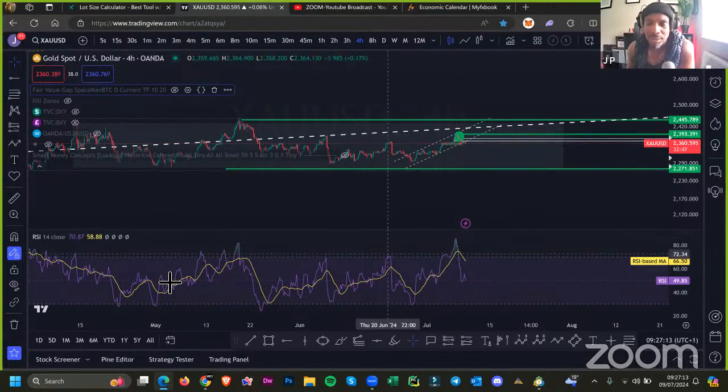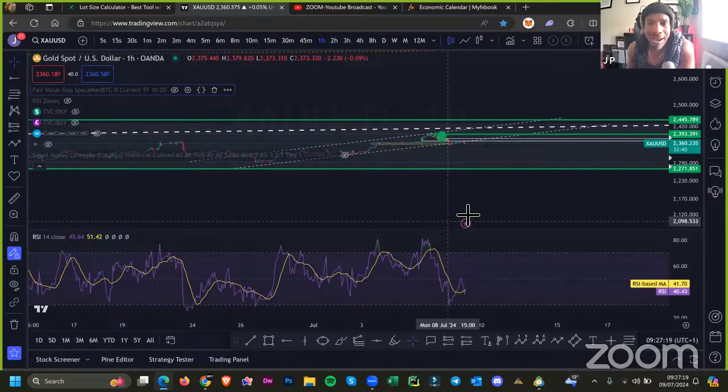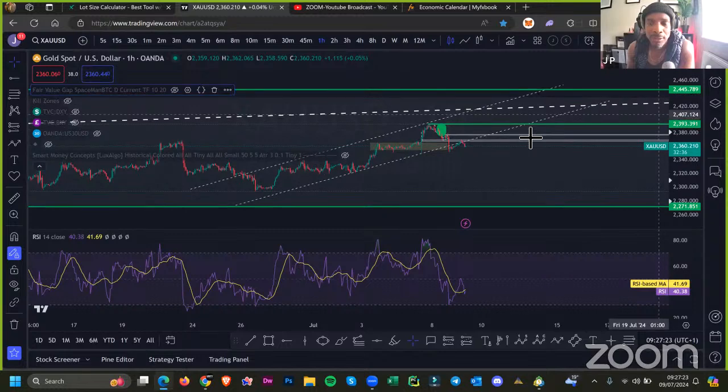Let me change this time frame. Yeah, so you can see right now, as we stand on our time frame, the market has come down to a demand area here. But ultimately, if I was to trade this gold, I'm waiting for this market to close below this level.